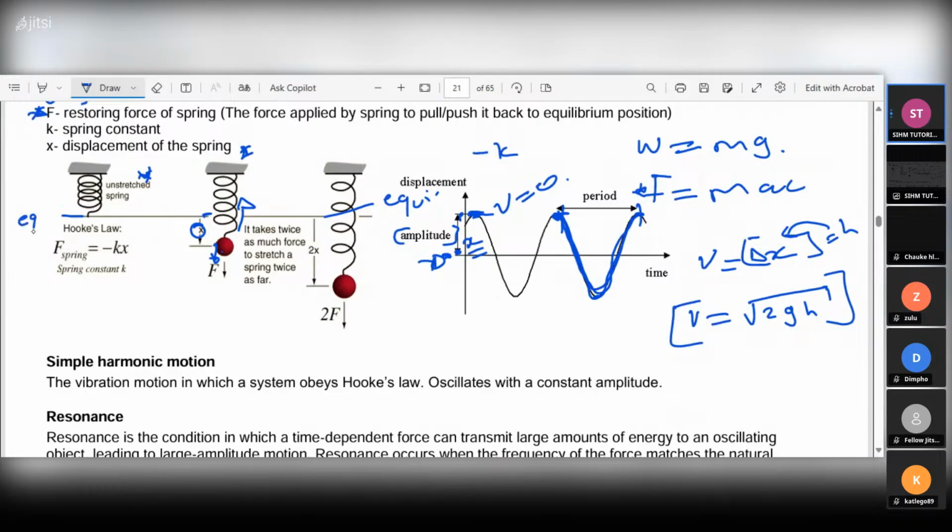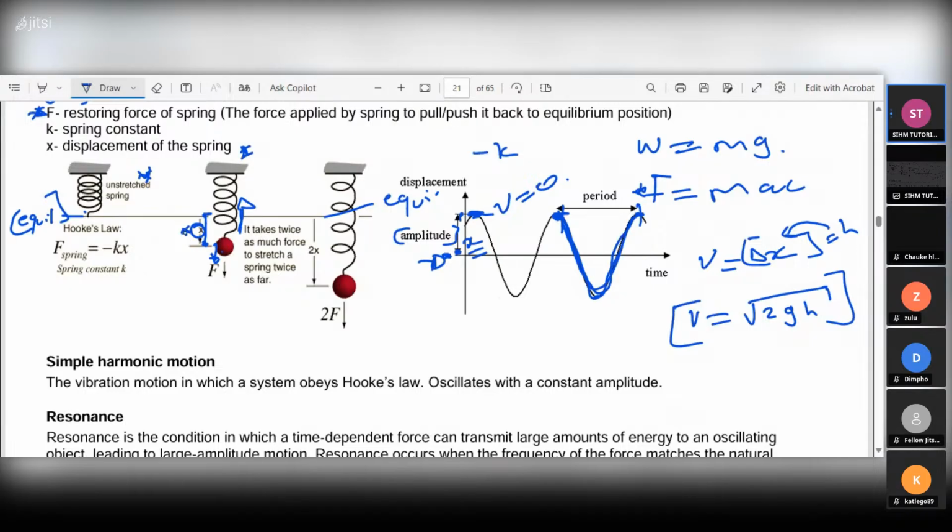When we extend, we apply the force downward on this part. Now another force is acting to the other side. Actually, this force wants to put the spring back to equilibrium.